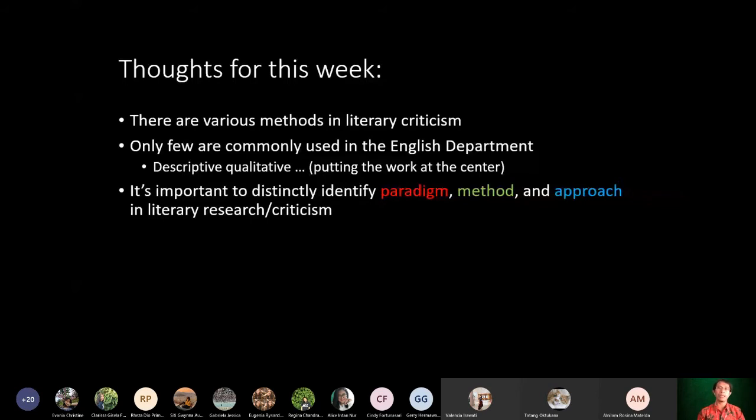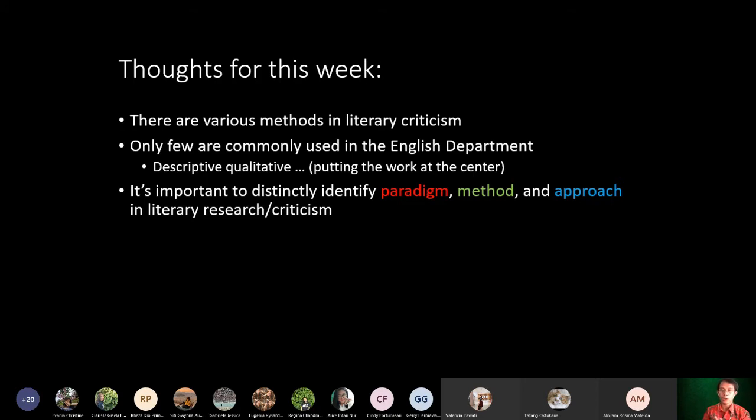But of course, the guideline is that it is viable, it is manageable, not too ambitious, not covering too many things and eventually making it hard for yourself to finish it. There are so many methods or approaches in literary criticism that are manageable, that you can do within the time frame of 3 or 4 months, other than what people have done so far.